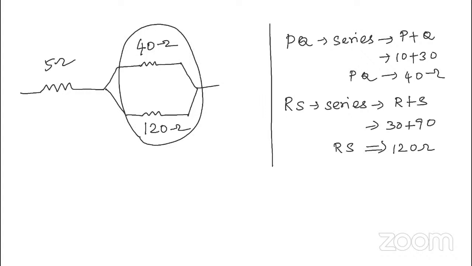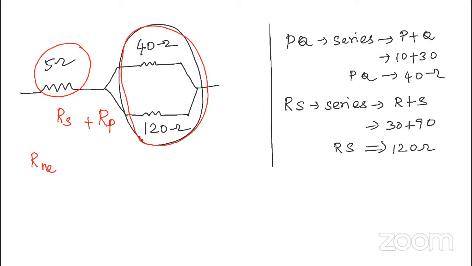The remaining 5 ohm internal resistance next to the cell is as it is, connected in series. Okay, what will we do in the next step? Here it is the combination of RS plus RP in the whole step. Now take the net resistance value as equal to RS plus RP.